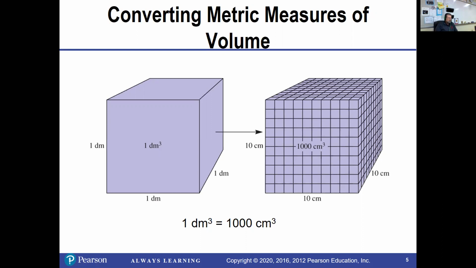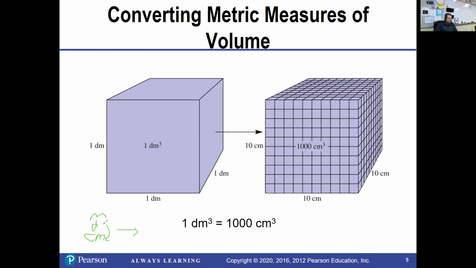Well, on the ladder of units, you have meter, deci, and then centi. So if I go from deci to centi, going down to a smaller unit, you're going to move your decimal to the right.